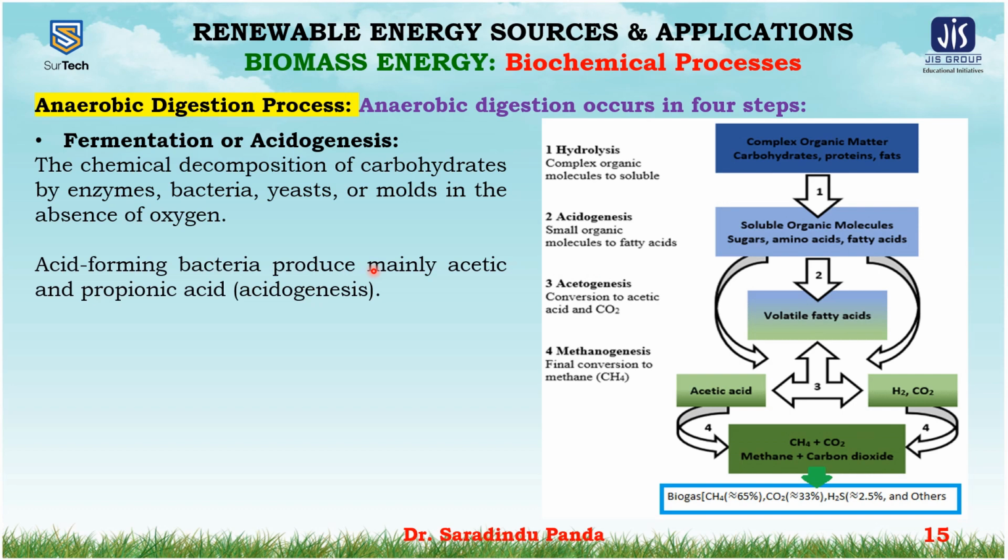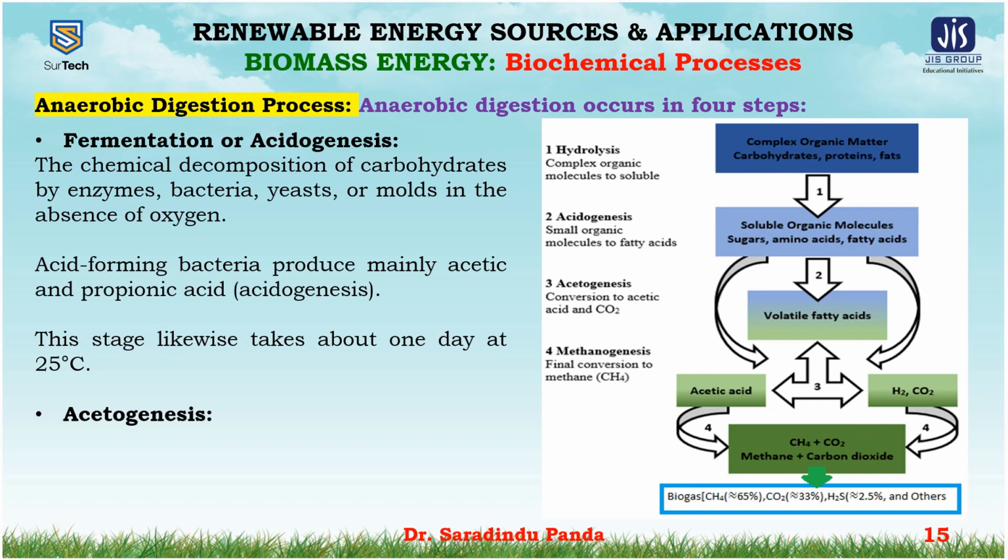Acid forming bacteria produce mainly acetic acid and propionic acid through the acidogenesis. This stage likewise takes about 1 day at 25 degrees centigrade.